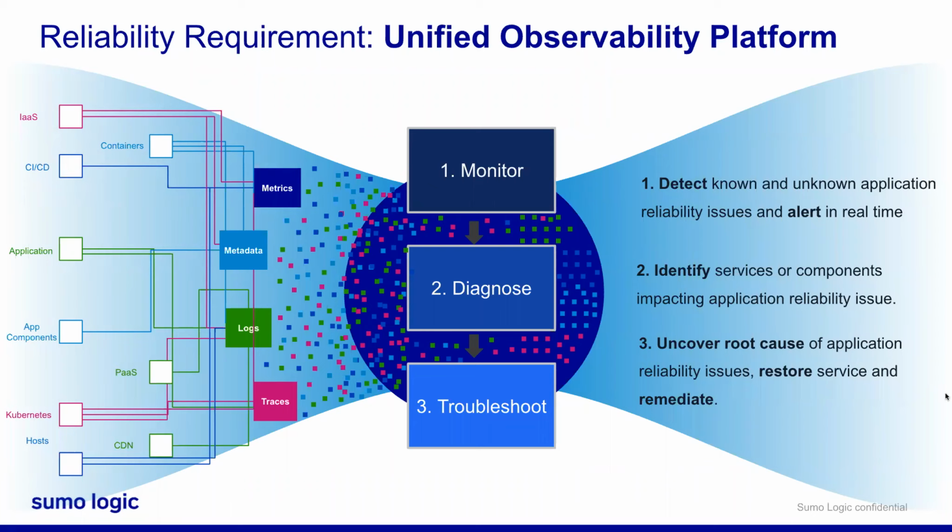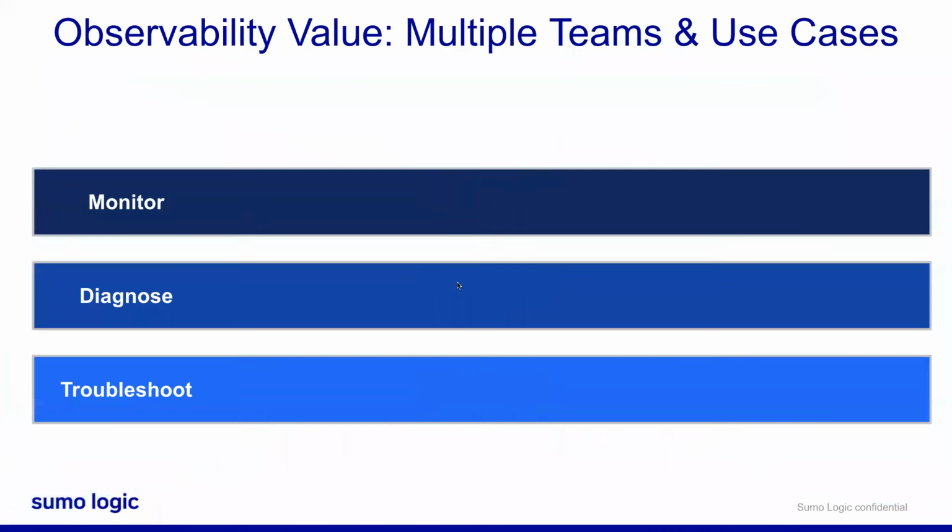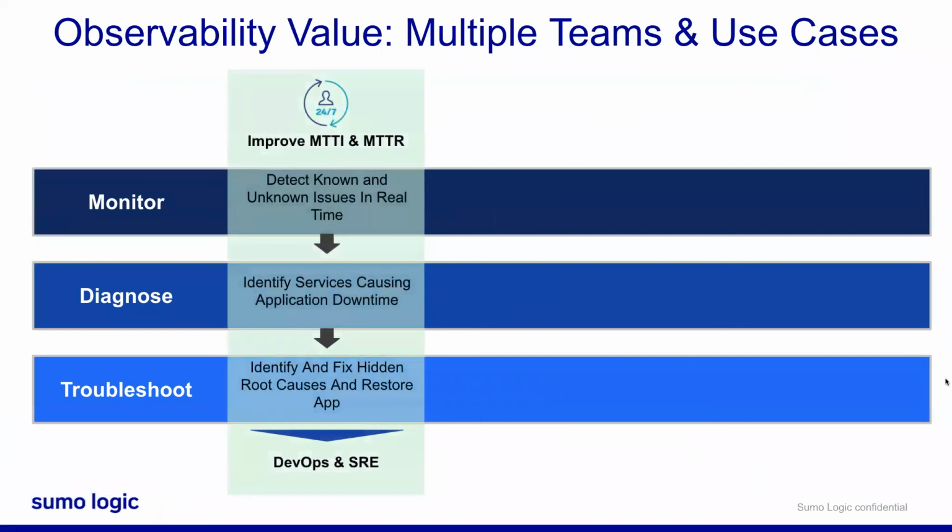Taking this diagram and flipping it on its side, what I want to talk about in this slide is the observability value of multiple teams and use cases. Essentially, how can various people in your organization benefit from observability? Let's keep Sumo out of it even.